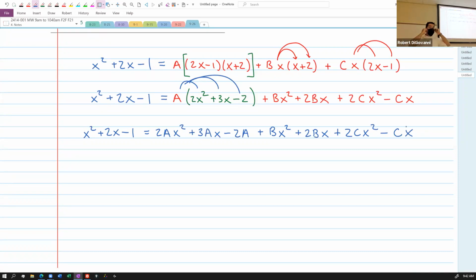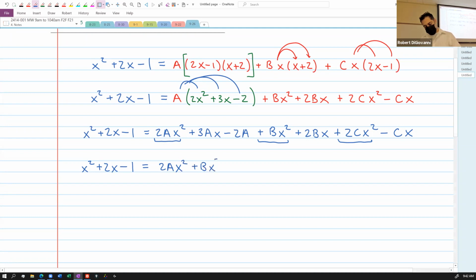So this is a very different method, right? I mean, we're not trying to isolate and get A by itself. We're just expanding it all out. And now we collect like terms. So everything that has x squared, I'm going to group together. I'm just rearranging. That's all I'm going to do now is rearrange. 2ax squared plus bx squared plus 2cx squared.